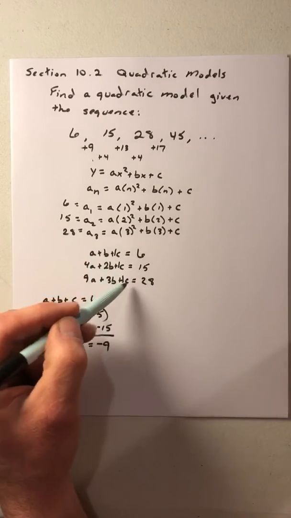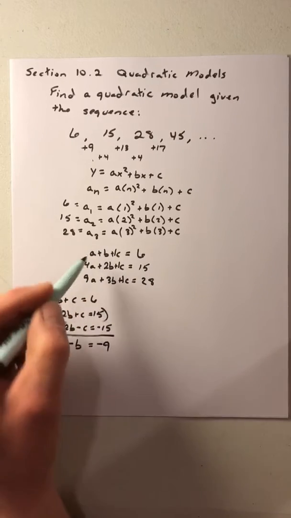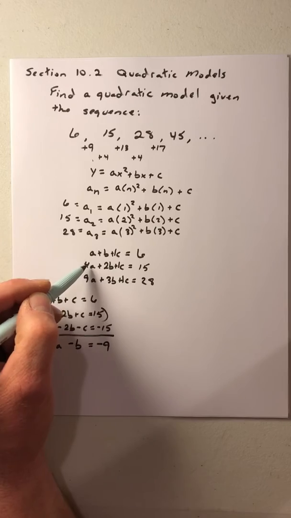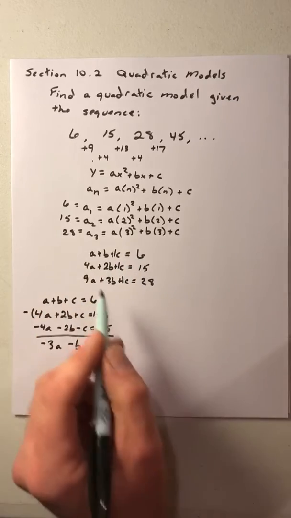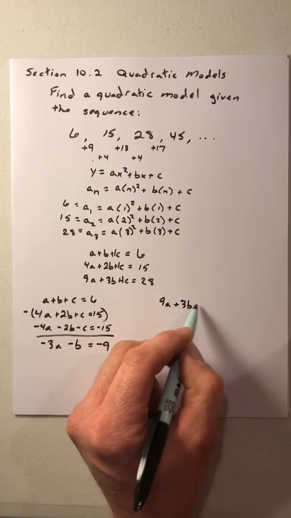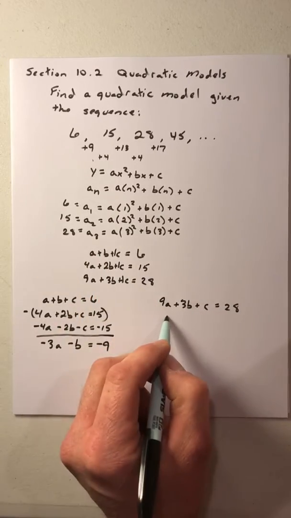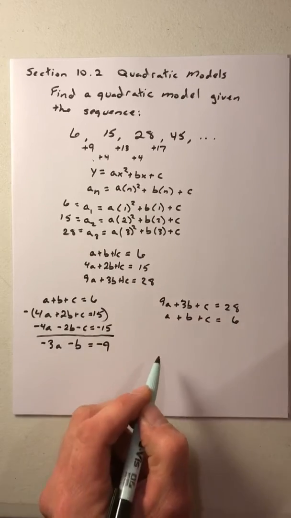I come back up to the original set of equations, and I pick two other equations. So I can't do the first two anymore. I can do the first and the last, or I can do the second and the third. I think the first one is a little easier to work with. So I'm going to take my 9a plus 3b plus c equals 28, and my first equation, a plus b plus c equals 6.